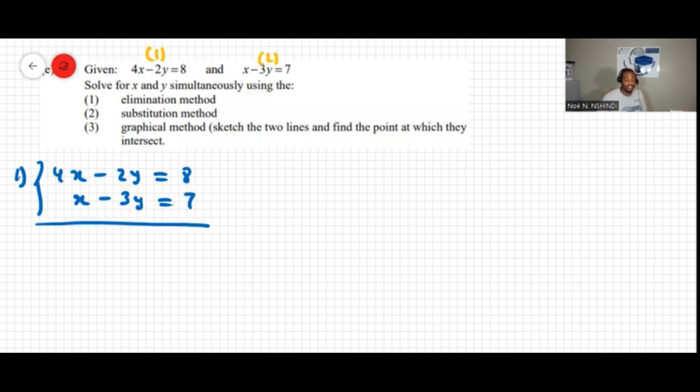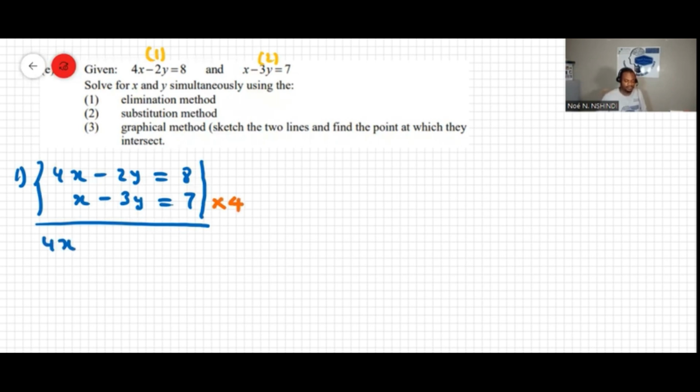I need to choose a variable to eliminate here. I prefer to choose x to eliminate. So to eliminate that, I'll multiply this whole equation by 4.